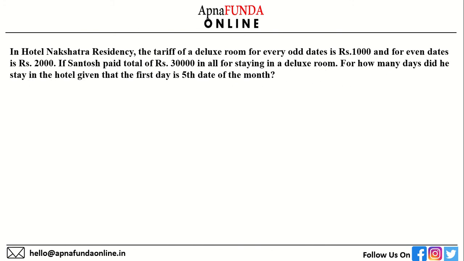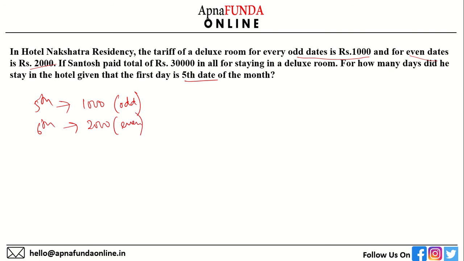So what we know is that he had been staying in the hotel for some time and the first day is the fifth, which is an odd day. So odd day tariff is 1000 and even day tariff is 2000, correct? Now on the fifth he paid 1000 since it's an odd day, and on the sixth he paid 2000, which is an even day.